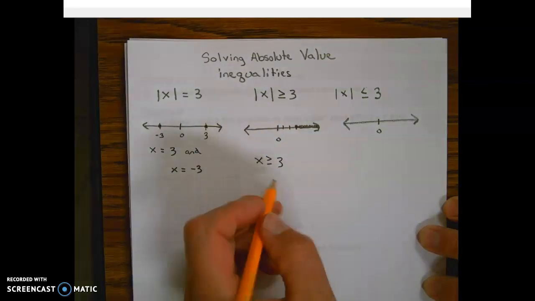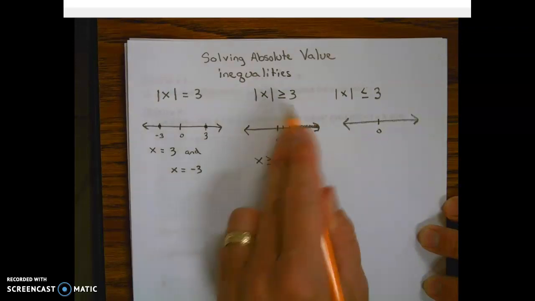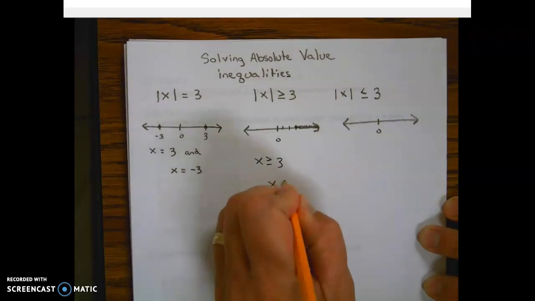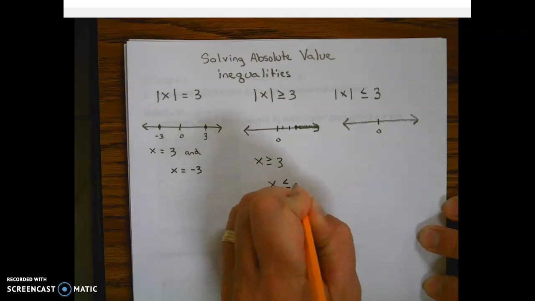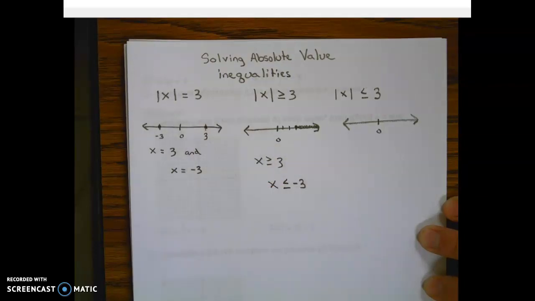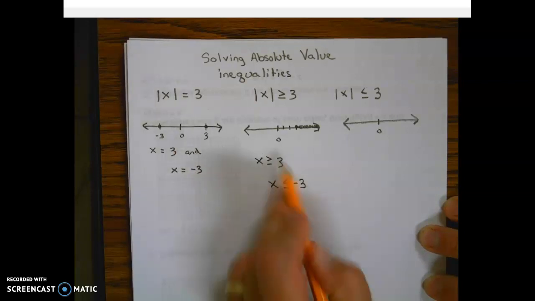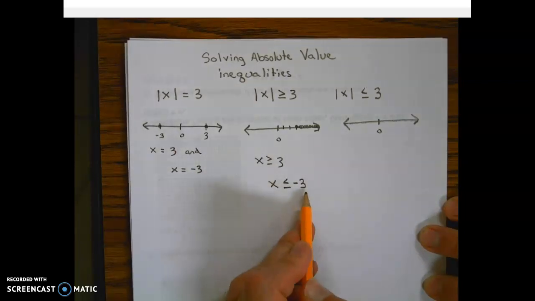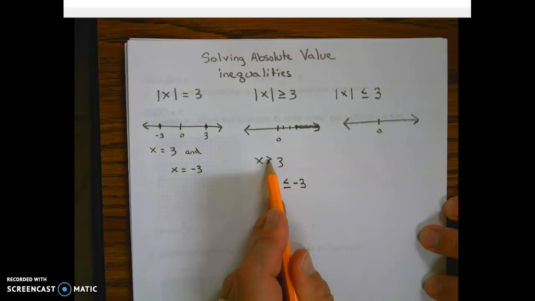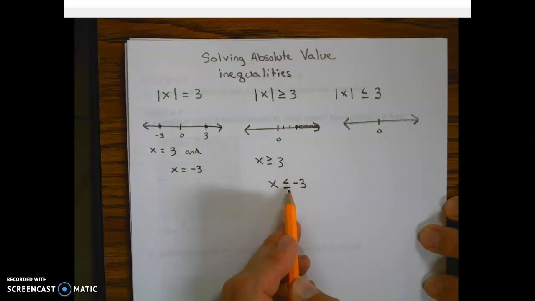The second inequality is x is less than or equal to negative 3. Similar to what we had here, 3 and negative 3, except since we applied the negative here, we had to change the greater than to a less than symbol.